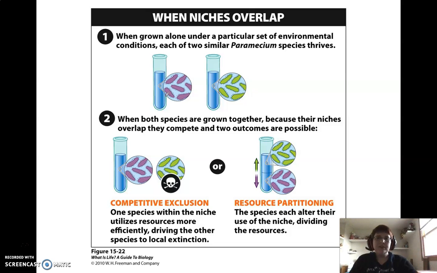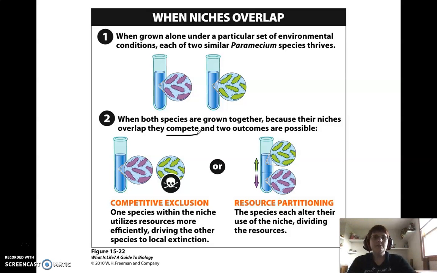But if we put these two paramecium together in the same test tube, their niches overlap because these two species have a lot of the same requirements. They may need the same sorts of food, the same sorts of temperature, whatever it might be. And so they're going to start competing with each other. And so like I said, this is competition.